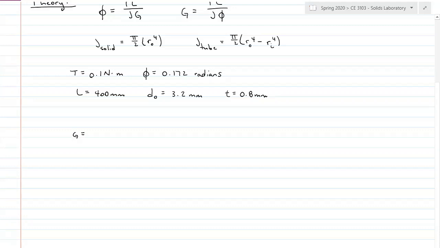we will have, I'm going to do the denominator first because it's bigger, pi over 2 times 3.2 divided by 2, so that gets us our radius to the fourth, minus 3.2 divided by 2, so there's our radius outer, minus the wall thickness, that's our radius inner to the fourth, and this whole thing will be millimeters to the fourth.